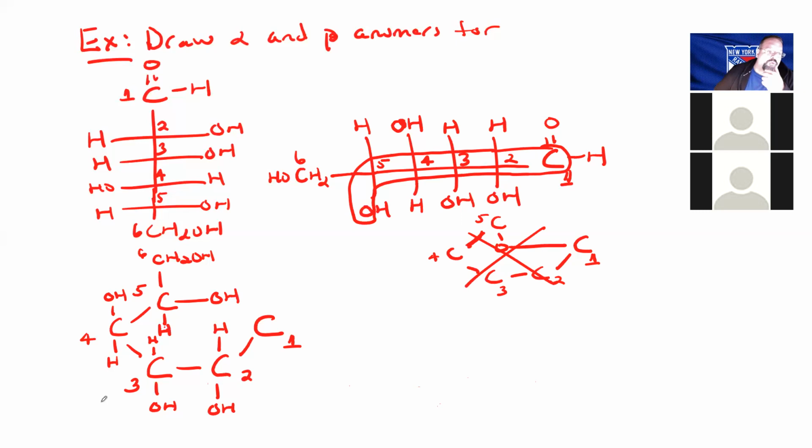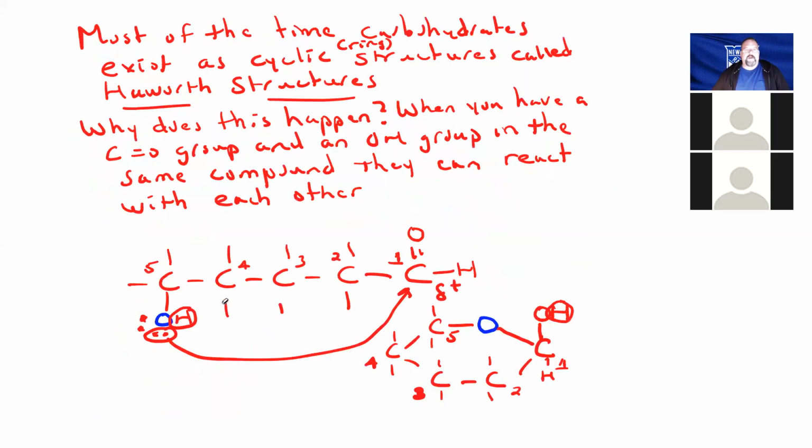The one thing I would probably leave out, which I'm about to erase, is the hydrogen on this oxygen here. Why? Because as we talked about a couple slides ago, now we're going to form the ring by bonding the oxygen on the last chiral carbon to the C double bond O carbon. What has to come off that oxygen in order for that to occur? The hydrogen.